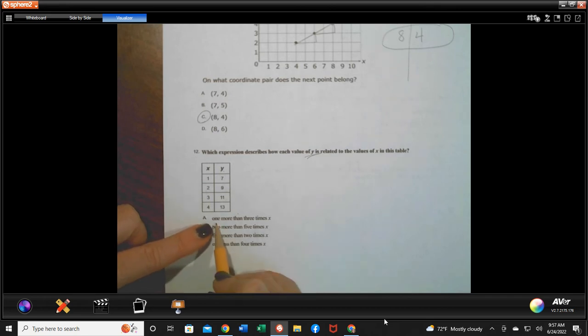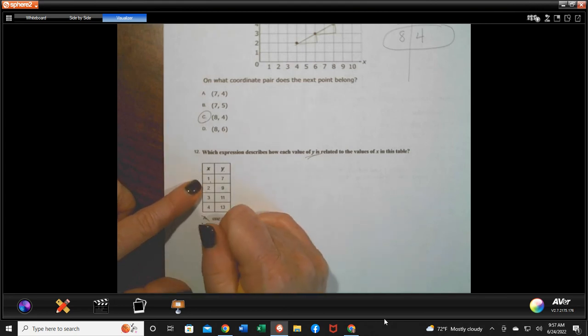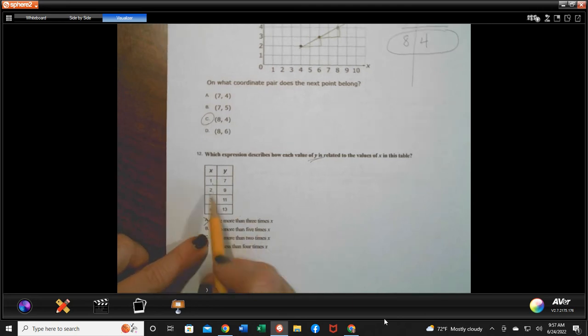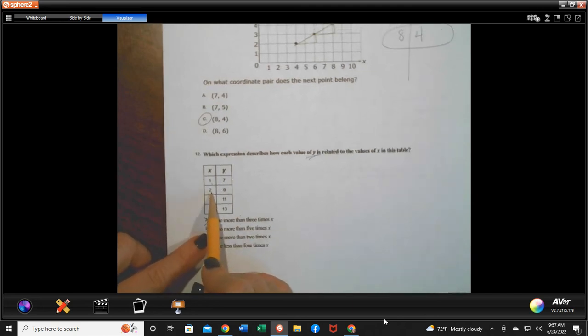So is y 1 more than 3 times x? Well, 3 times x, 3 times 1 would be 3, plus 1 more would be 4. So no, it can't be A. All right, is y 2 more than 5 times x? Well, let's look. 5 times x, 2 times 5 would be 10, since x is 2, and 1 more would make it 11.